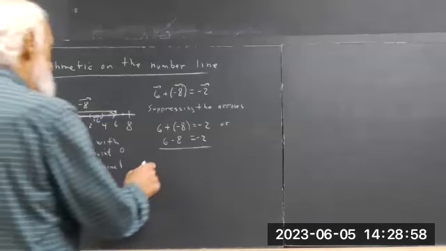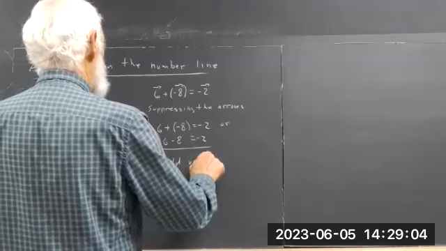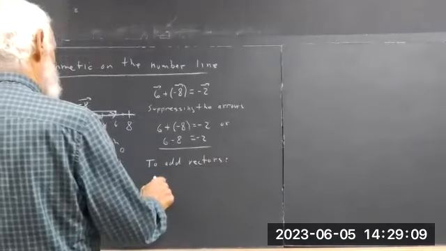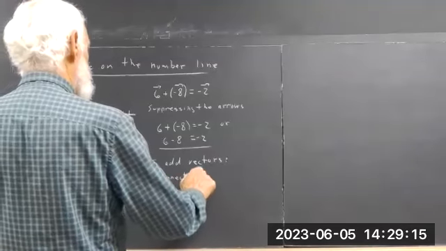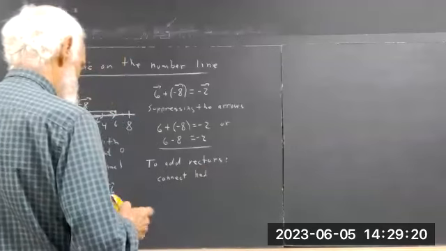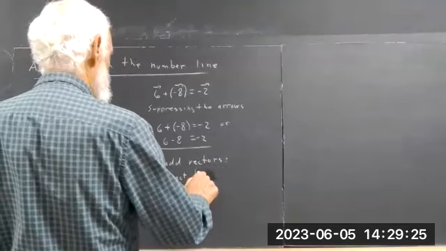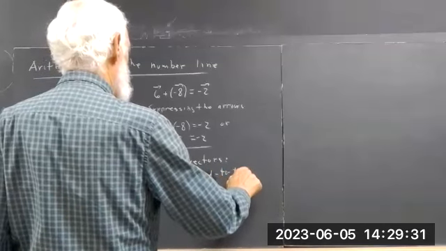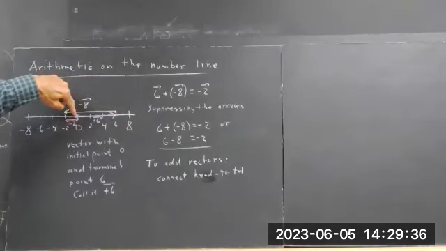And the way we add vectors: the head is the arrow, the tail is the dot.